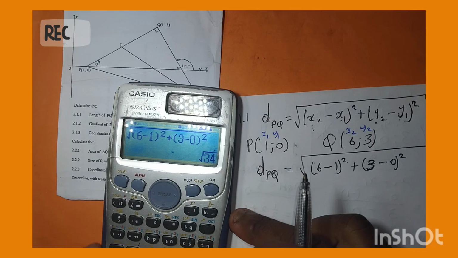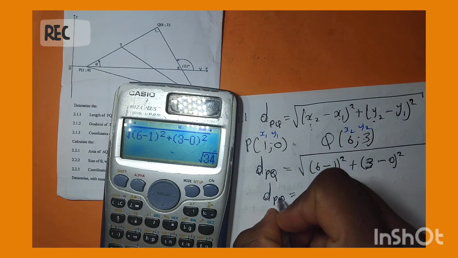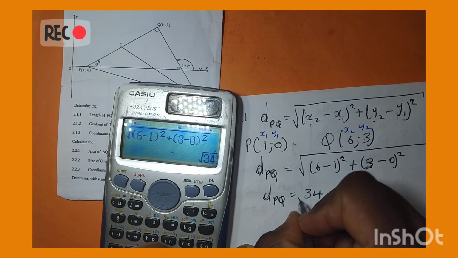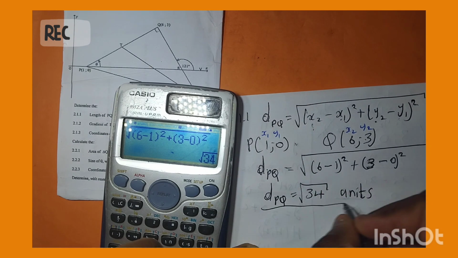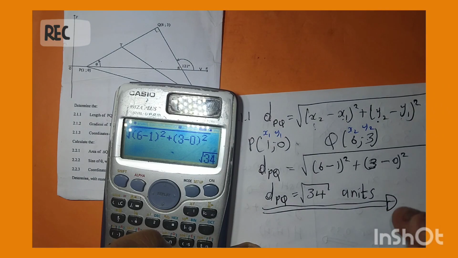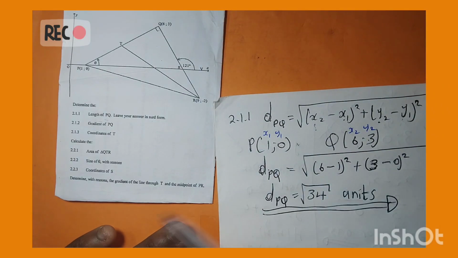This is the answer that I get. They told you to leave your answer in surd form, meaning you leave your answer like this, and you can just say units. This is how you solve the first question, which is straightforward.